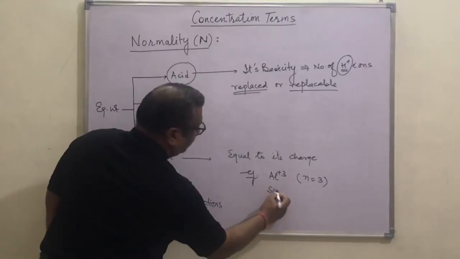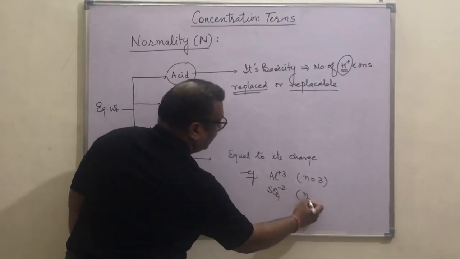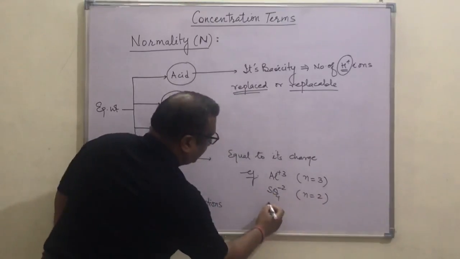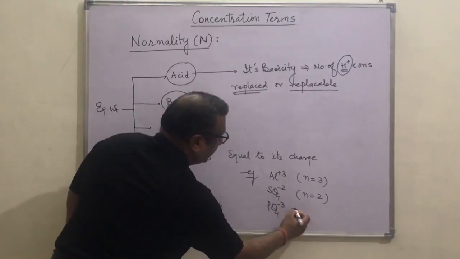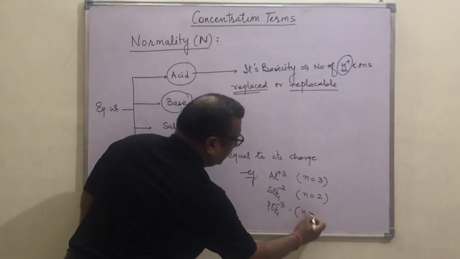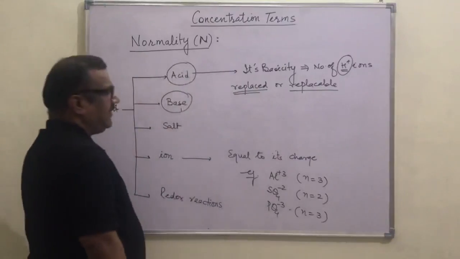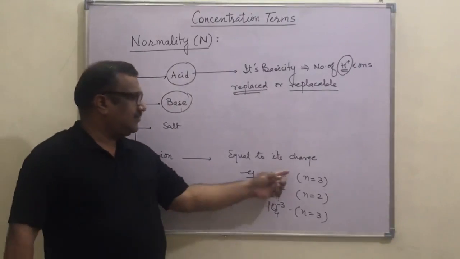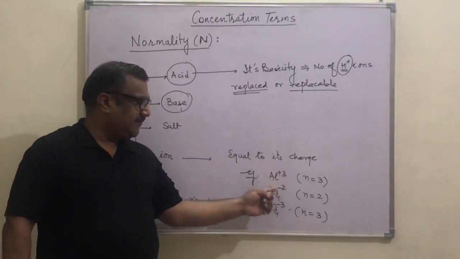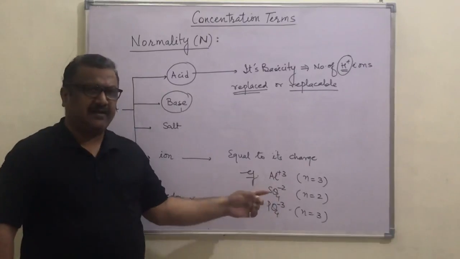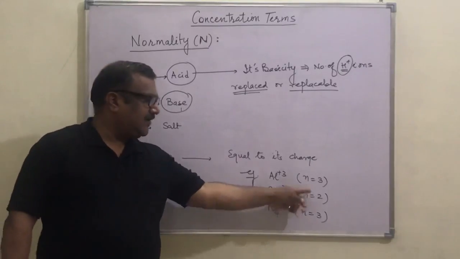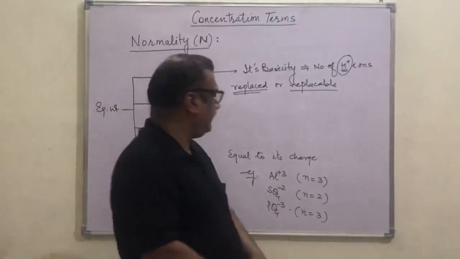If we are taking sulfate ion, n factor will be taken as 2. If we are taking phosphate ion, n factor will be taken as 3. Likewise. तो जो भी आयन है उस आयन के ऊपर जो उसका वैलेंसी के फॉर्म में जो चार्ज यहाँ पे हम लोग एक्सप्रेस कर रहे हैं उस चार्ज की एब्सोल्यूट वैल्यू उसका n फैक्टर होगी.